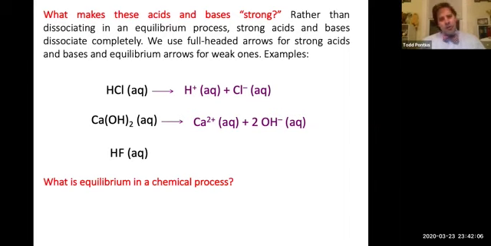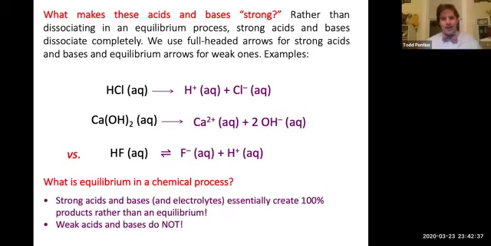Hydrofluoric acid, as we noted on the previous slide, is not a strong acid. It's commonly mistaken, misidentified as one. It's not. Its dissociation process uses an equilibrium arrow. The reason is that only about 1 out of every 1,000 or so HF will dissociate into F- and H+, whereas roughly 100% of HCl and Ca(OH)2, strong acids and strong bases, will ionize.